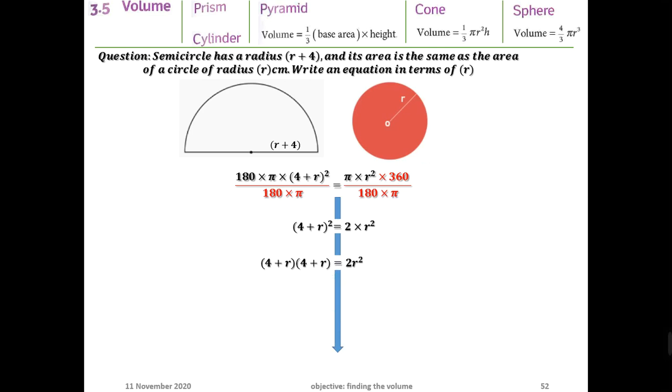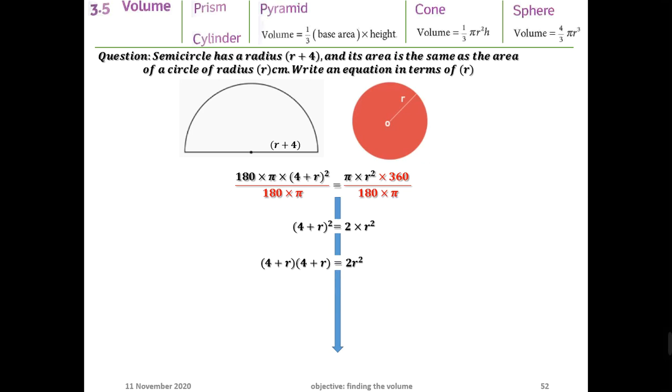When we multiply two brackets, remember, we take the first term in the first bracket and multiply it by each term in the second bracket.